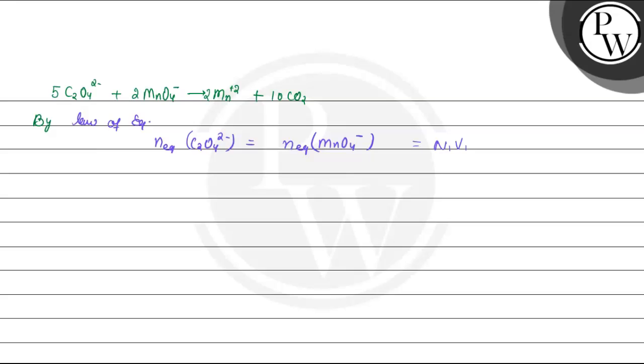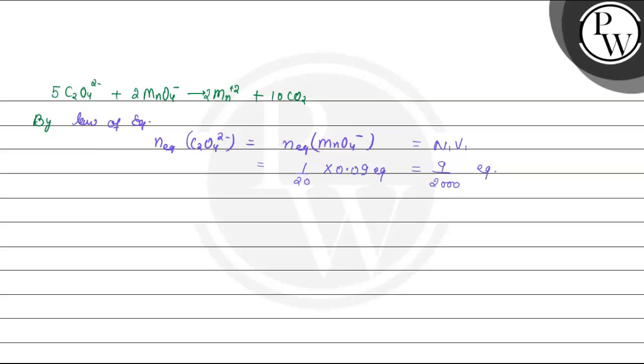Here the normality of MnO4 minus is given, which is 1 by 20, multiplied by 0.09 equivalent. It is equal to 9 by 2000 equivalents.